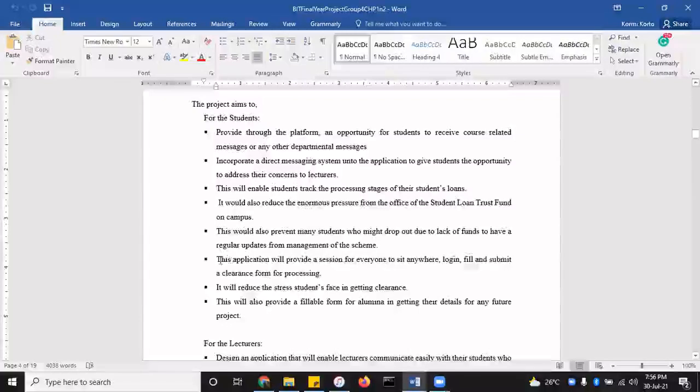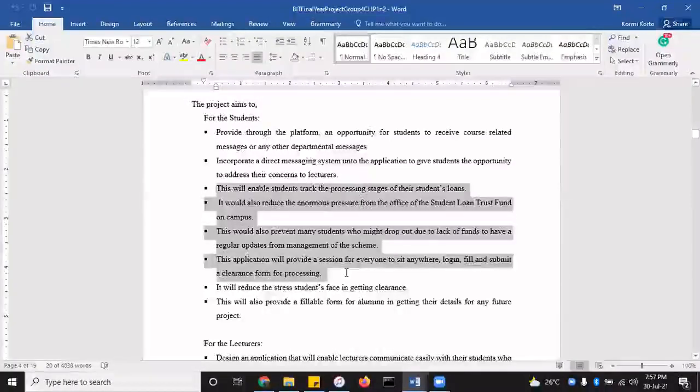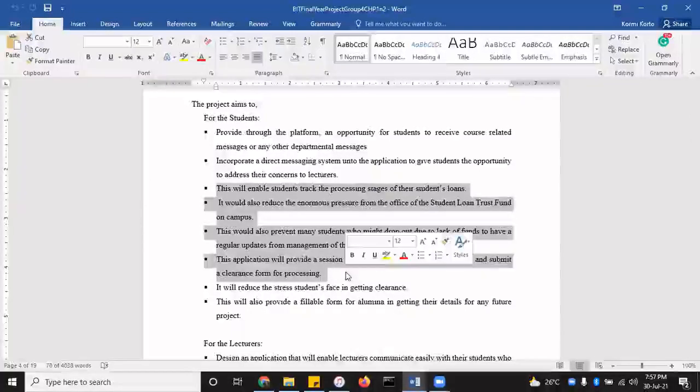Okay, so again, this application will provide, how does it provide sessions? That should become the objective, the how part. So this is not an objective. Same applies to all of this over here. So all of that to this point here are complete. No, they're not considered objectives because they don't tell us how, or over here they tell us about the benefit instead.